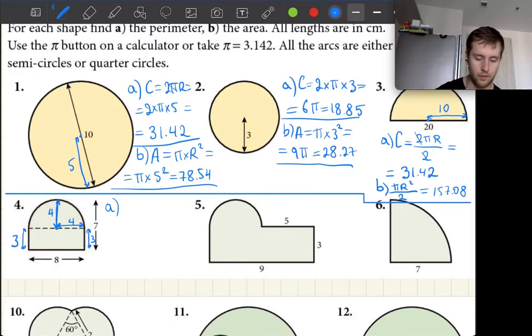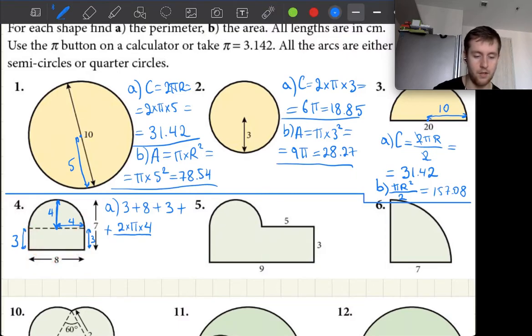Okay, so let's write it down. So we have 3 plus 8 plus 3, and how do we find the circumference of the semicircle? Of course, we take the full circumference, so that's 2 pi r, 2 times pi times radius. In this case, the radius is 4. And all of this, so this would be the normal circumference, but because we only have half the circle, right?